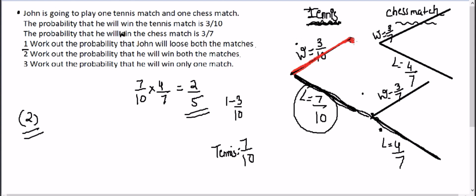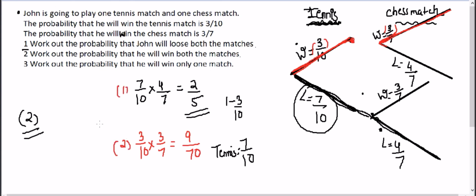This branch leads us to these two, but since we have to calculate the probability of winning both, we choose the winning one. So it will be 3 by 10 multiplied by 3 by 7, which gives you 9 by 70. This is the answer for the second part. This one's for the first part.